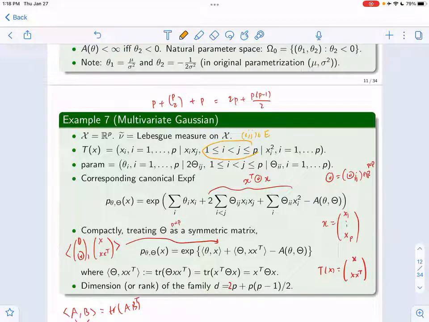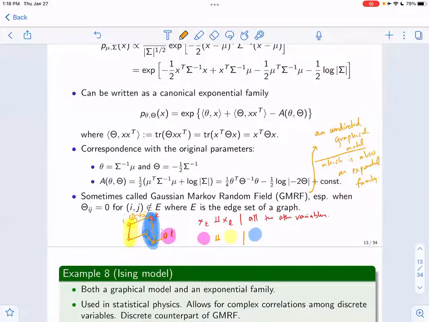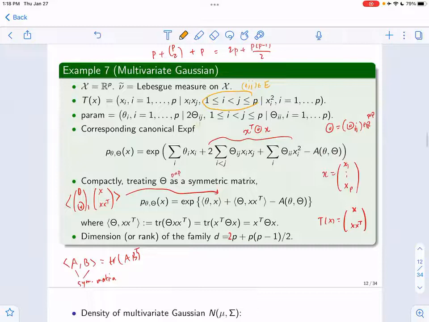It could be everything, but I could also have just some edges. This is like assuming that some of these theta ij's are 0. If you assume that they're 0, it's equivalent to just including the xij's for ij's that are in an edge set.